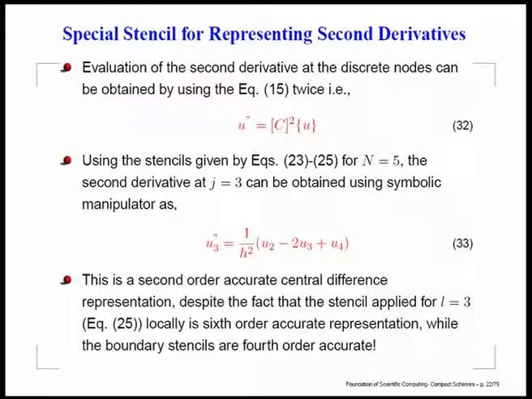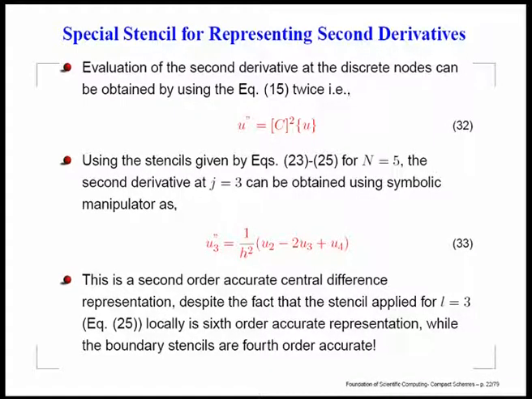All those schemes that I talked about, the Adam scheme, the interior stencil was 6th order accurate, the boundary closure schemes were 4th order accurate, and we used a combination of 4th and 6th order, and we worked out the second derivative analytically using the symbolic manipulator. And you can see what this is. This is your CD2 expression.